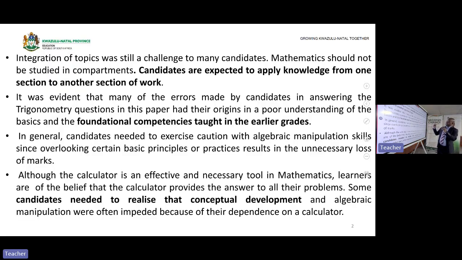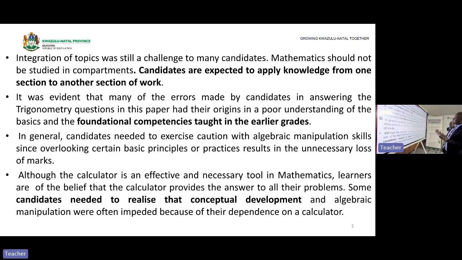However, I'm going to start to look at what other diagnostic reports have reported to us. In one of the years, the markers and the moderators came up with a note on the students' papers. They said to us, some of the students must understand that in mathematics, you don't learn mathematics in silos.